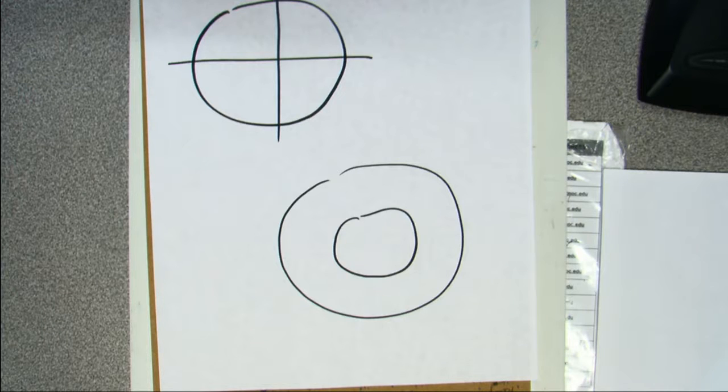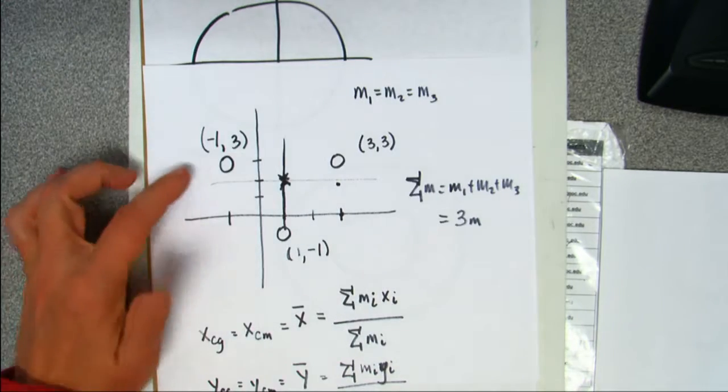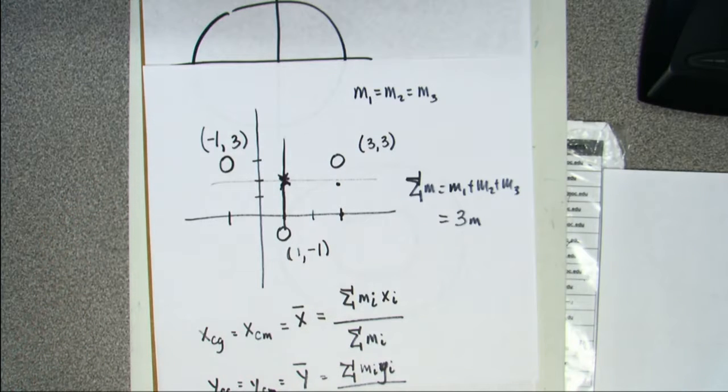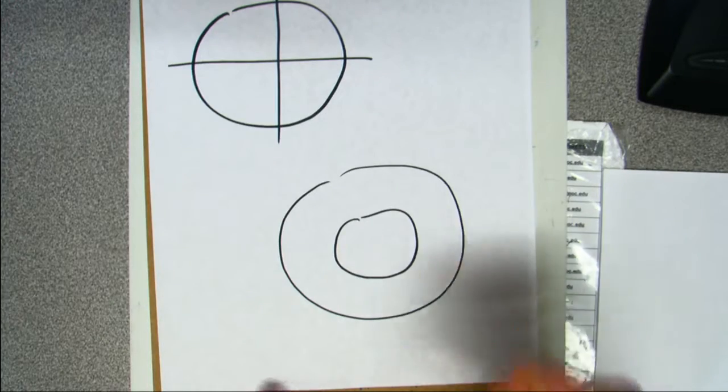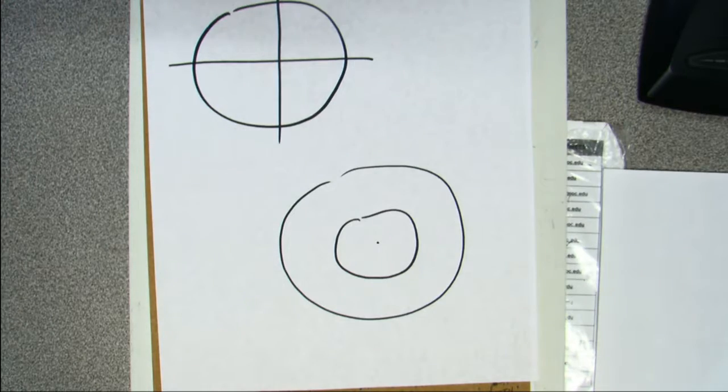The center of mass doesn't physically have to be on the object. That's why when I said let's talk about these three things as if they were on a clear massless glass plane, we know where to balance our finger. But the center of mass doesn't have to be on the object itself at all. It's still going to be in the center.